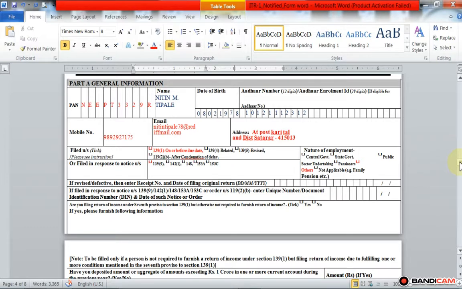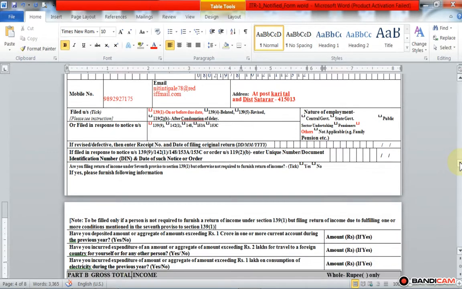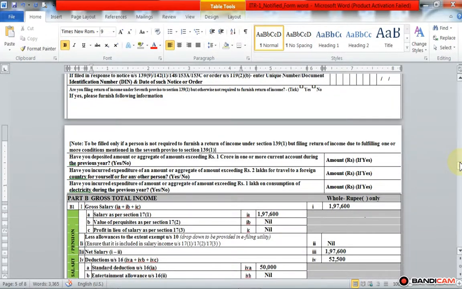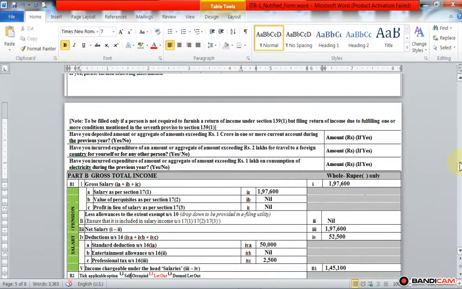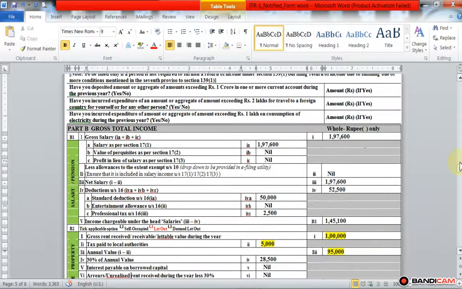See, what all did we look at here? We filled Part A, the general information. Part B has three parts. Part B is further divided into three parts, that is B1, B2, B3. B1 relates to income from salary, B2 relates to income from house property, not more than one, and B3 relates to income from other sources.